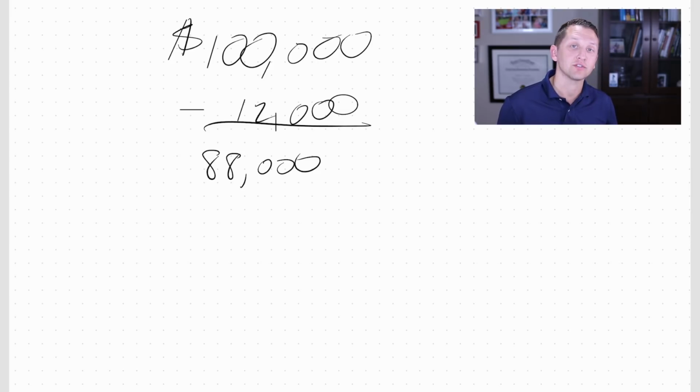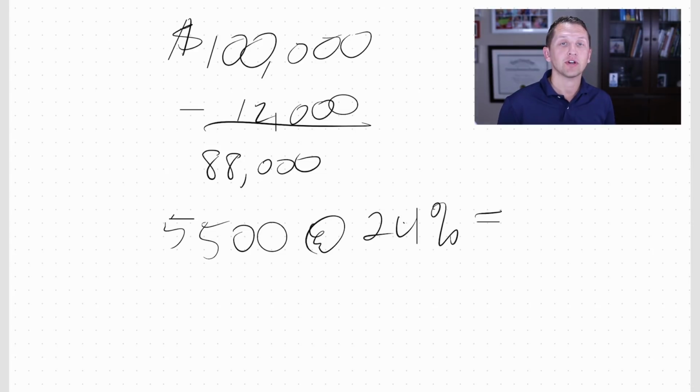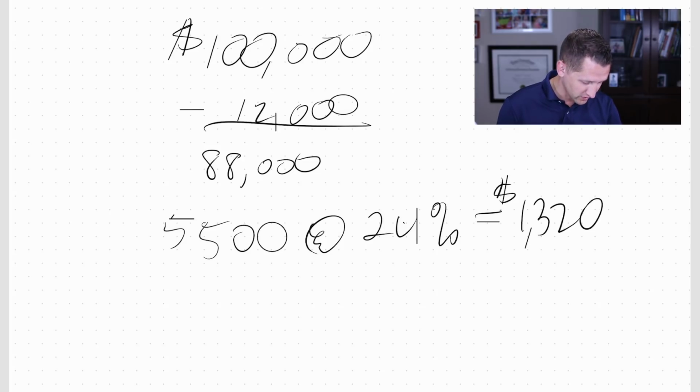So of that $10,000, $5,500 is above $82,500. So that is going to be from $82,500 up to $88,000. That's $5,500. So $5,500 at 24% is going to give us $1,320. So that's the tax liability that you're going to have.